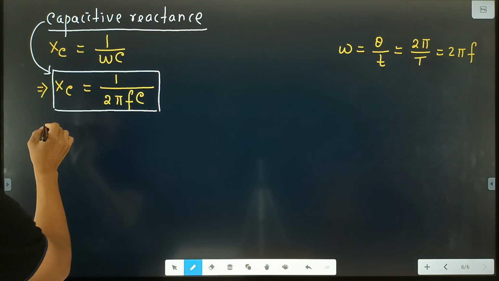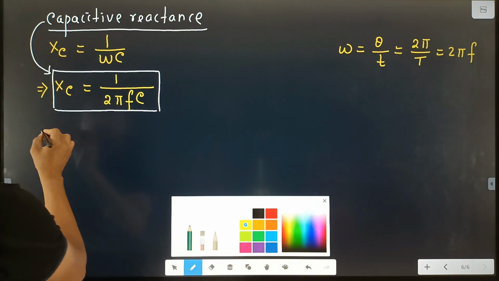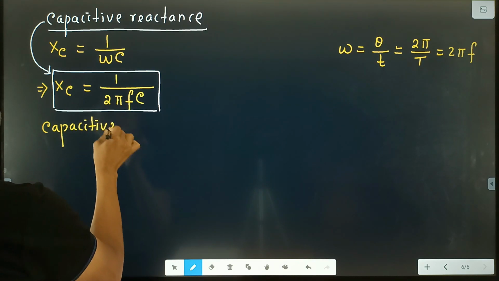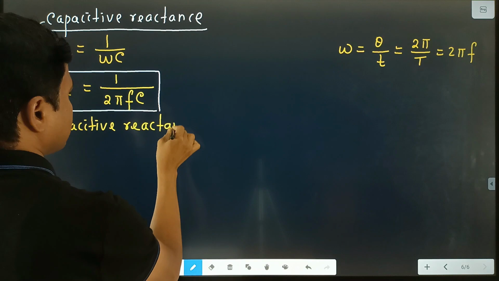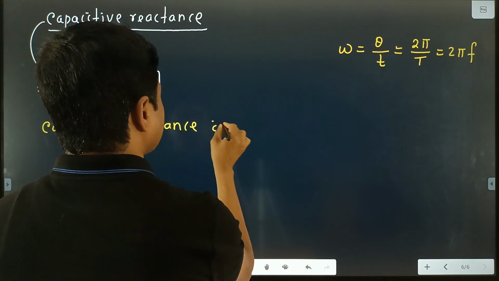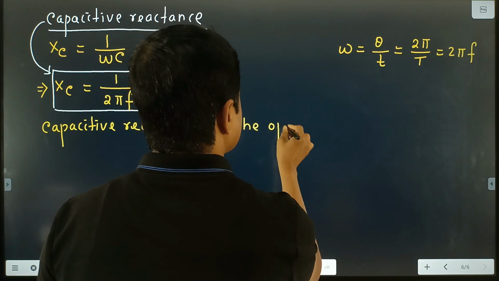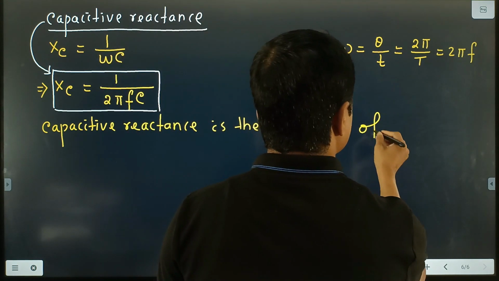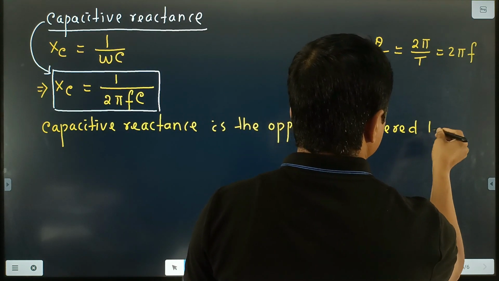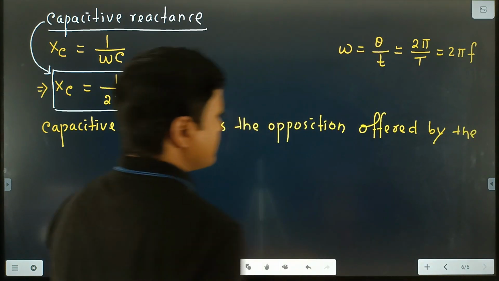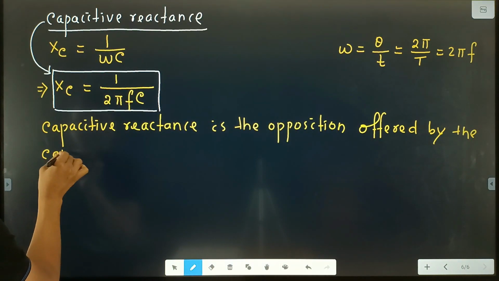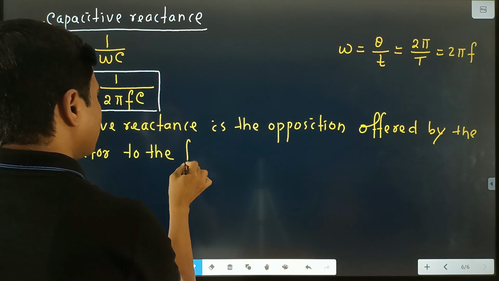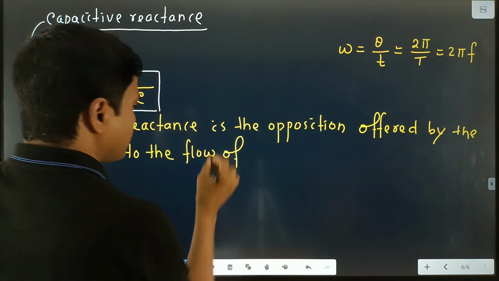Then what is capacitive reactance? Simply we write, capacitive reactance is the opposition offered by the capacitor to the flow of current.